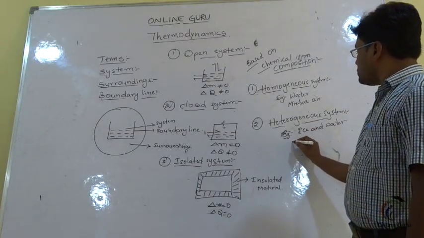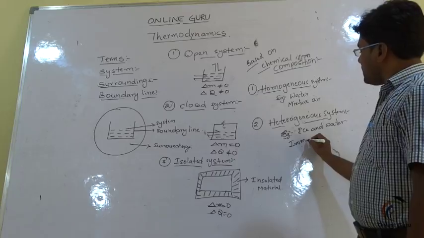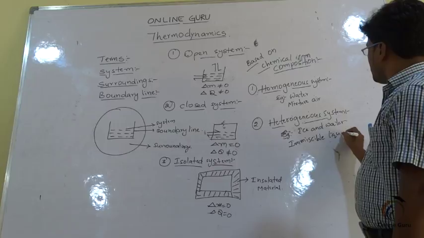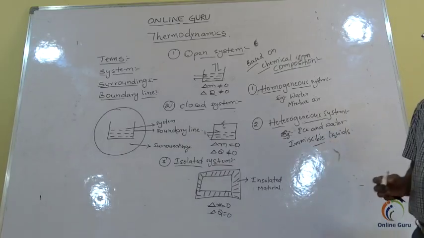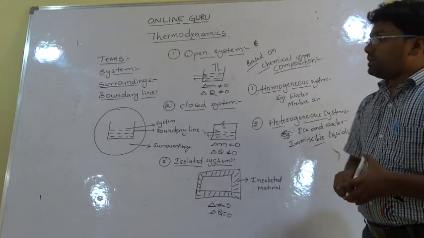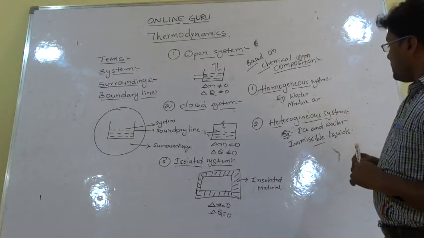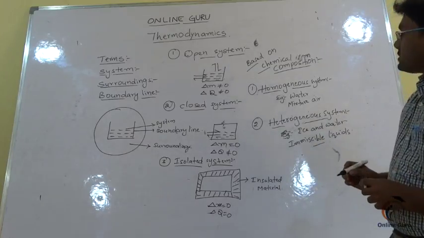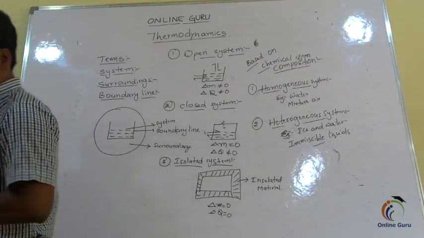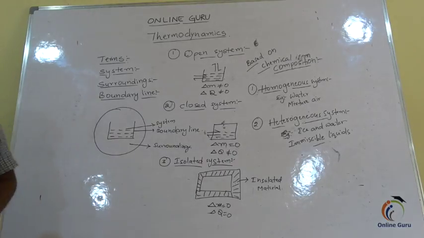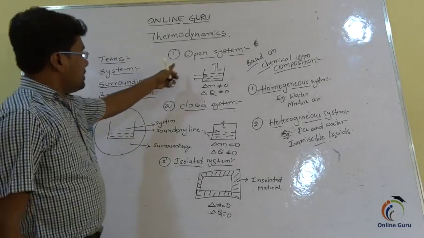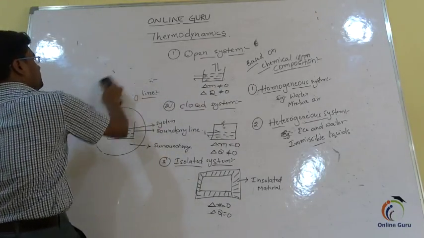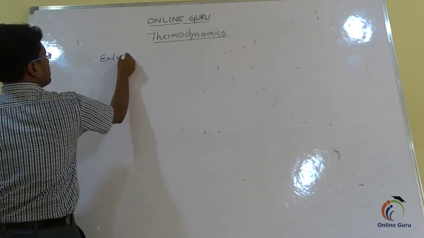We can also take two immiscible liquids, which are liquids that cannot mix with each other, for example benzene in water or carbon tetrachloride in water. These are examples of heterogeneous systems. So these are the classifications of the system based on the nature of the boundary line and based on chemical composition. Next one is extensive property.